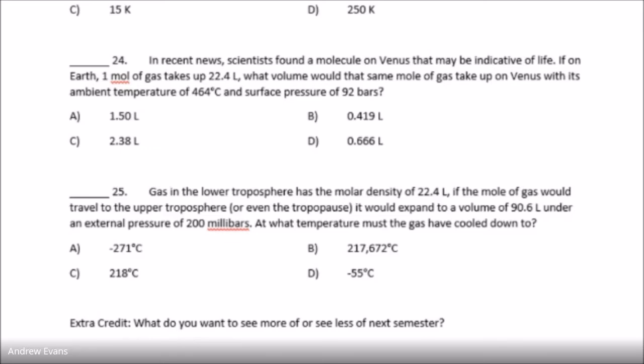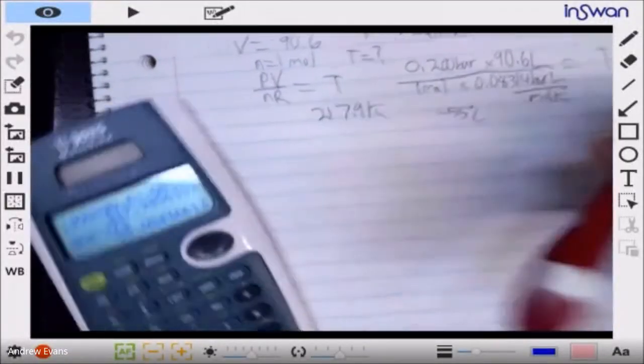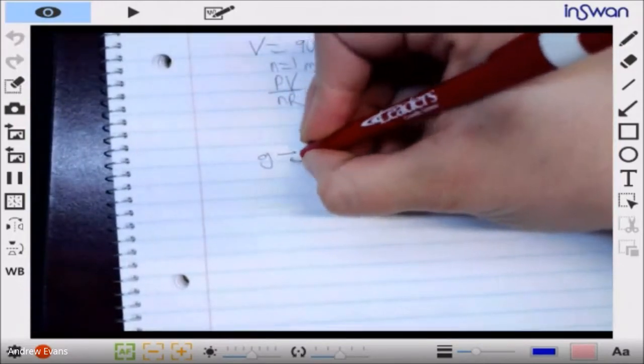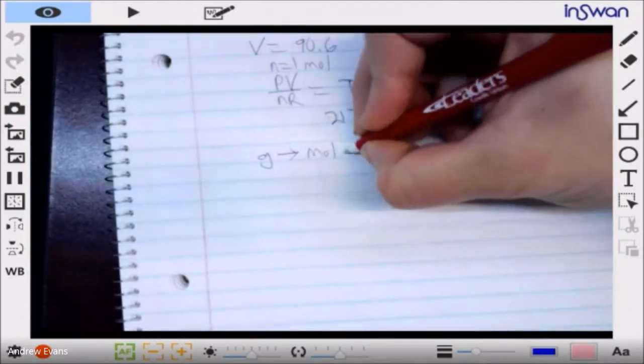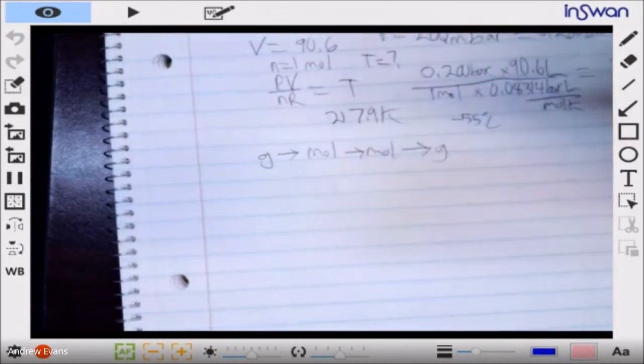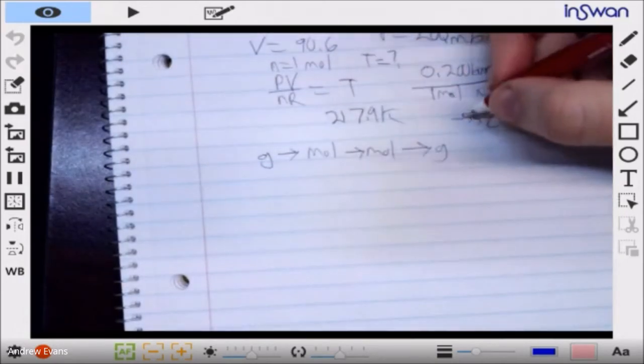So, quick reminder, quick refresher of what all's on this exam. We have on here grams to moles to grams to some extent. This can be utilized from any place.